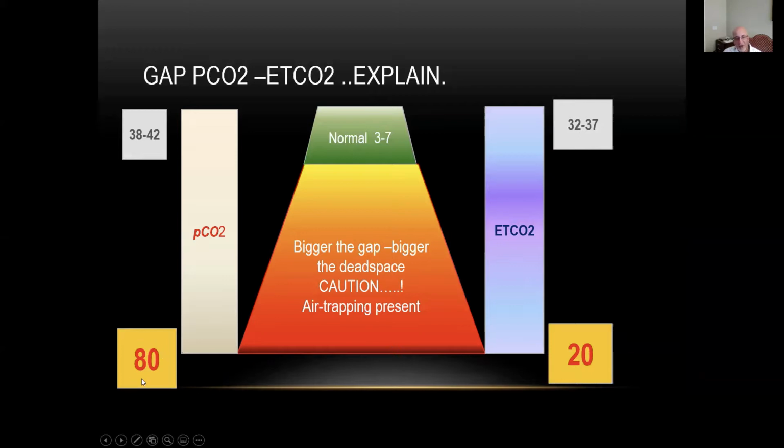So if you have a patient with a PCO2 of 80 and an end-tidal of 20, what you're dealing with is dead space ventilation, and you're creating air trapping, and increasing the respiration rate or tidal volume or PEEP to improve the patient's PCO2 or O2 will worsen the difference between these two values, and the patient will do very poorly.